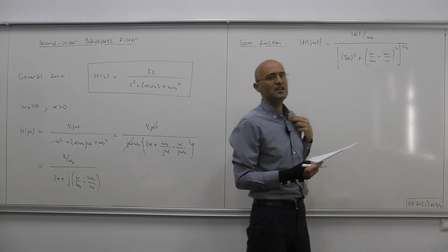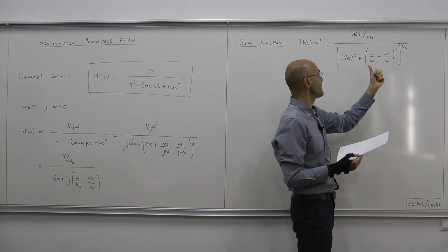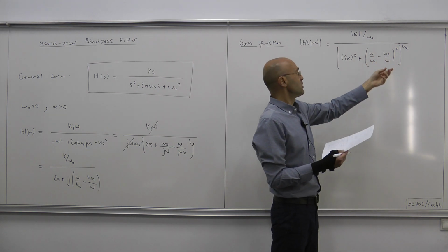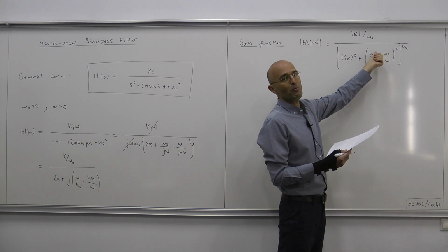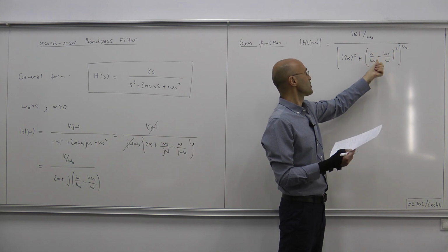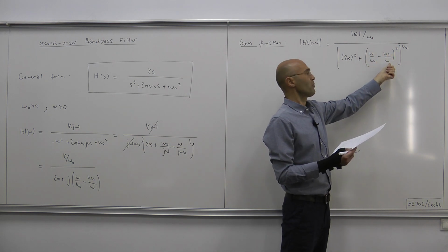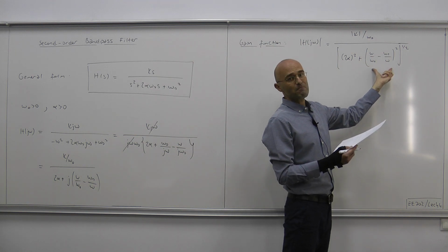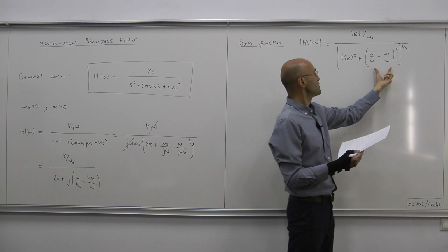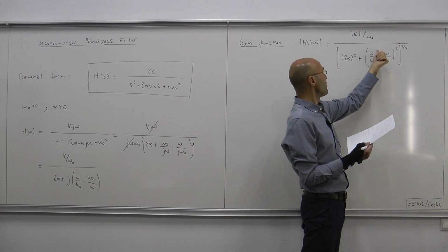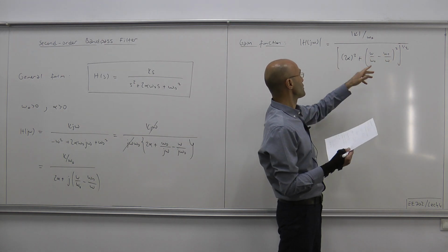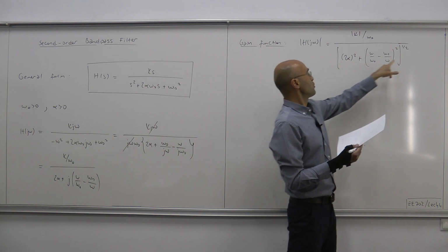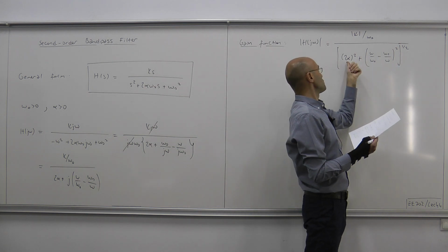So let's see whether 0 can be achieved by this term or not. As a matter of fact, 0 can be achieved if you plug in omega equals omega 0. What you have is omega 0 over omega 0, 1, minus omega 0 over omega 0, another 1, 1 minus 1, 0. Therefore, this term can be made 0. When this term is made 0 by picking omega equals omega 0, what remains is the numerator divided by the square root of 2 alpha squared, so that's 2 alpha.